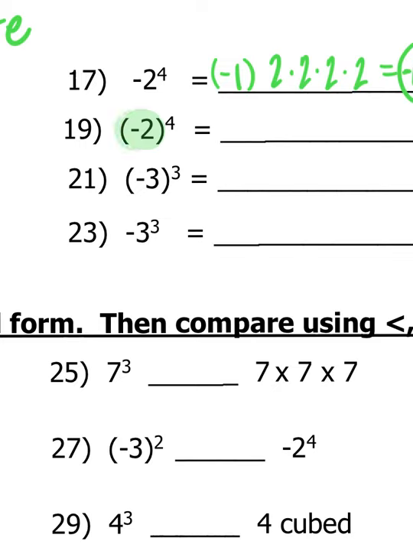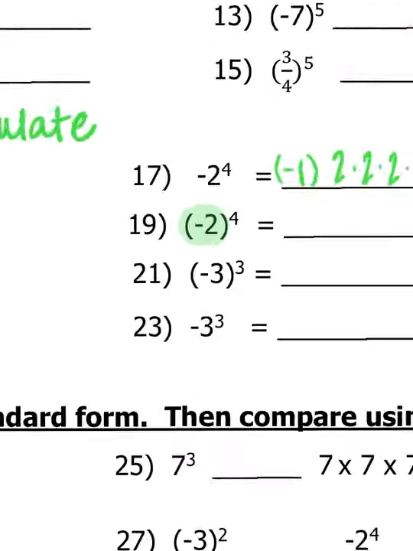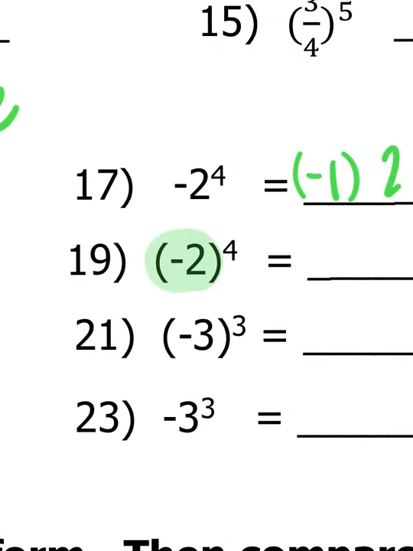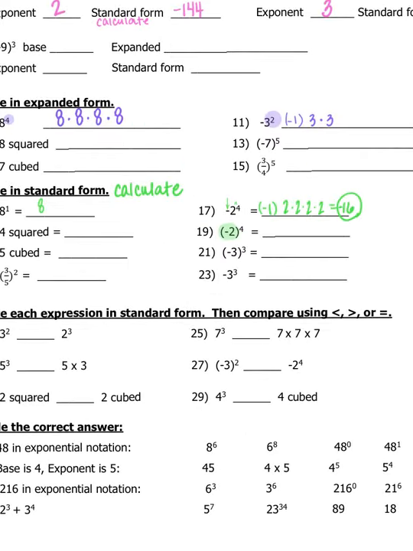So parentheses, -2, parentheses to the 4th, and that will give you the answer there. If there are not parentheses, like this one, when you put this in your calculator, you don't need parentheses. You can just put -2 in that little caret mark on your calculator to the 4th, and that should give you -16.